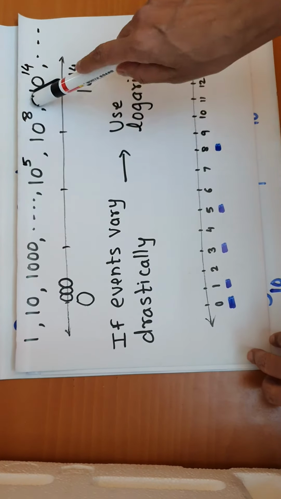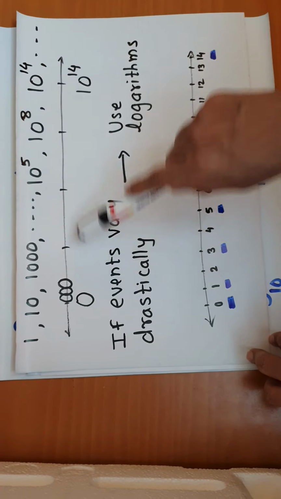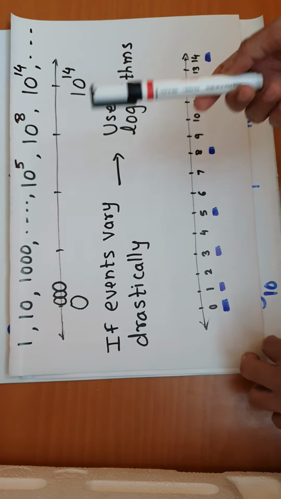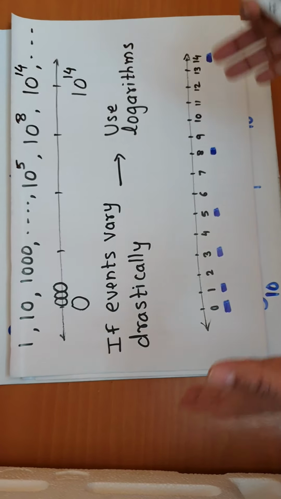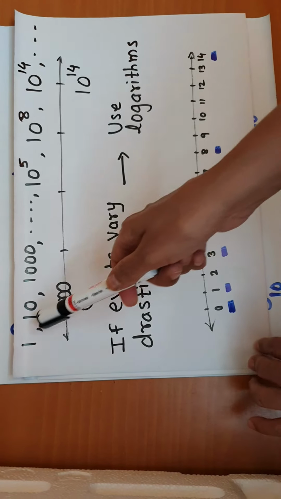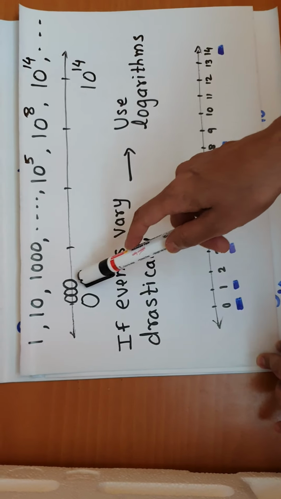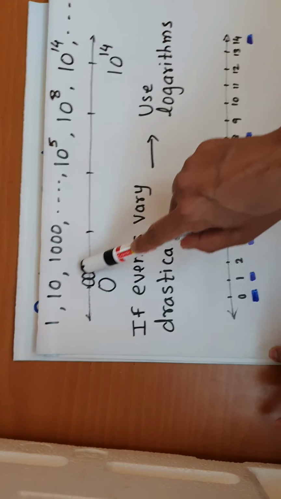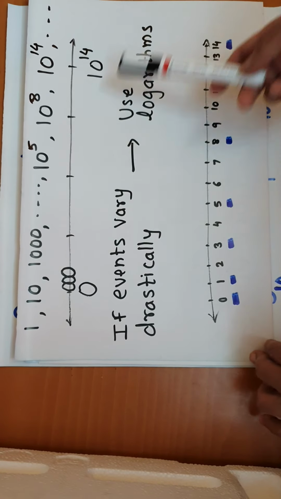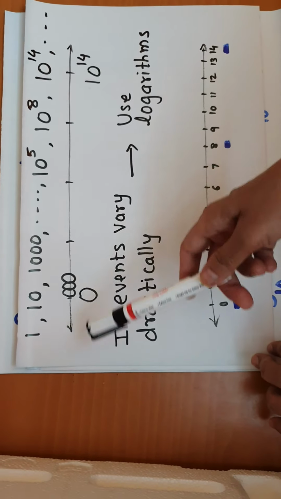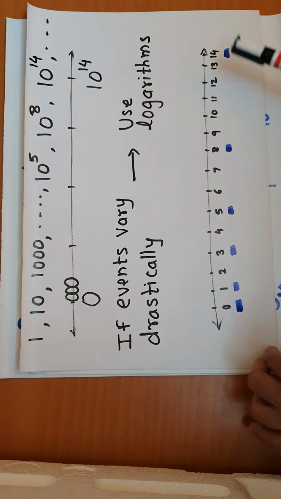Then the numbers in between are very close to each other. For example, 1, 10 and 1000 will be almost equal to 0. They will be super close to 0. So it's not convenient to represent such huge numbers on the number line.